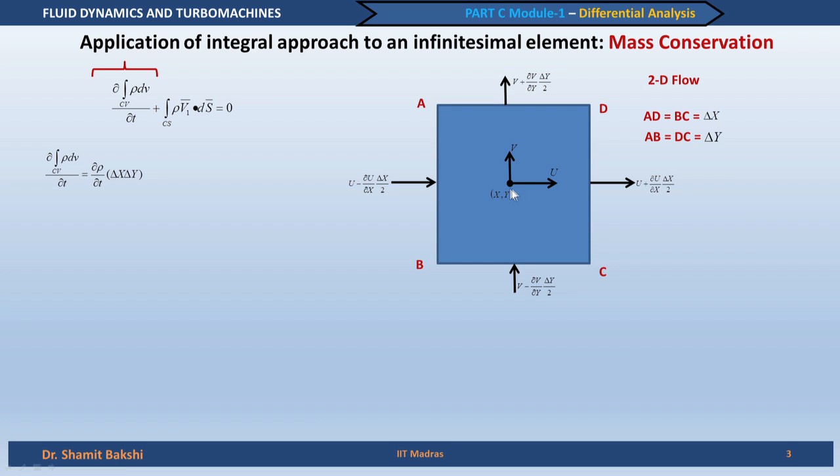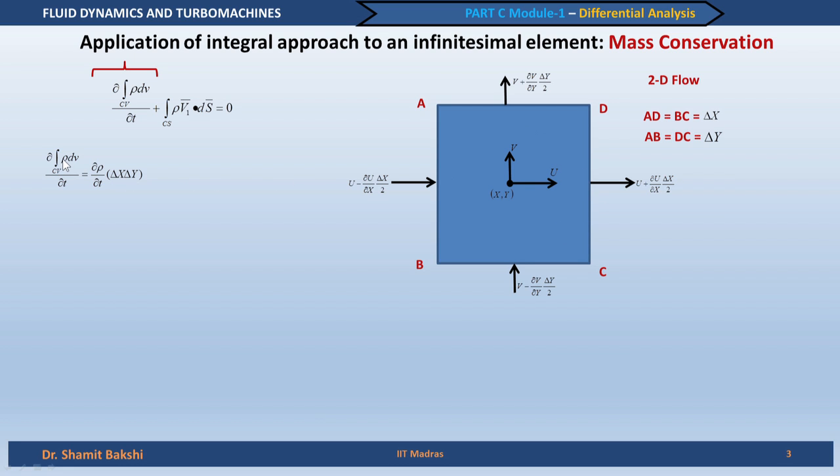We can consider the density at the center, which is rho x comma y. In this derivation we are also considering density as a variable quantity, not a constant quantity. So, we can replace density with rho at the point x comma y and assume that the density is not varying, at least for this expression, within the control volume.